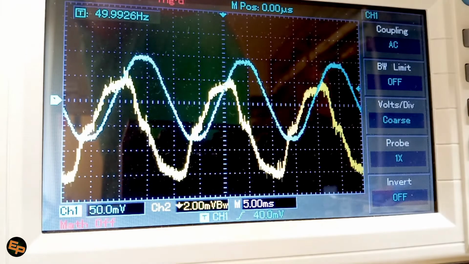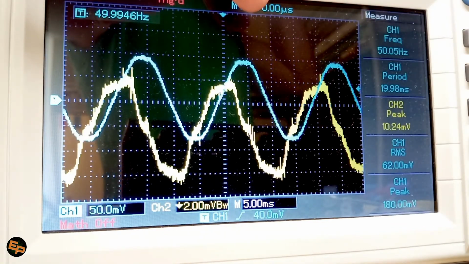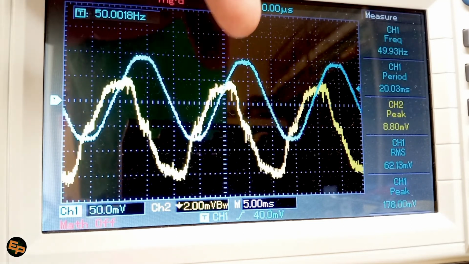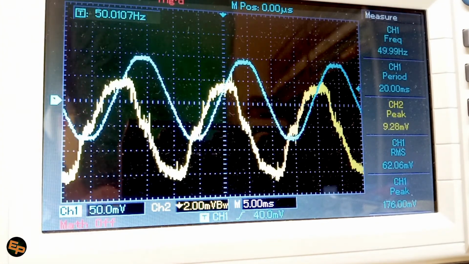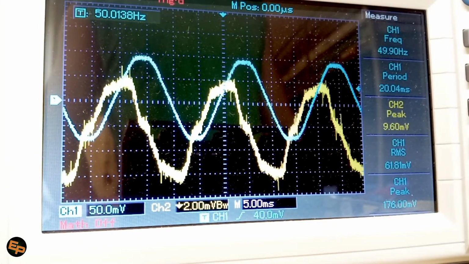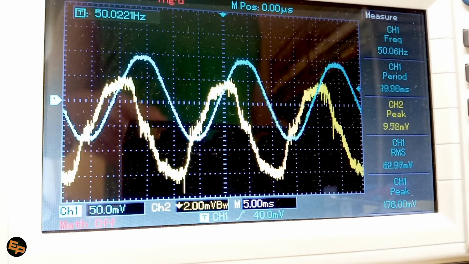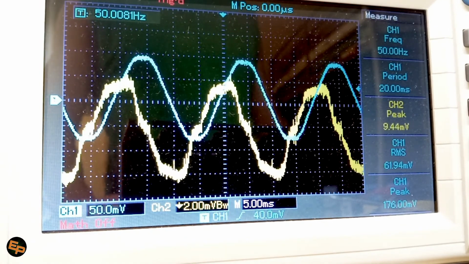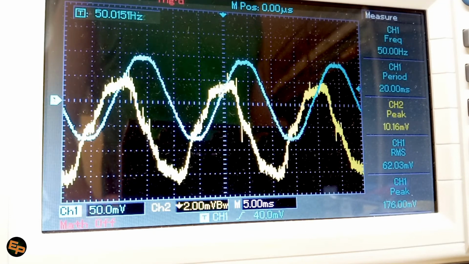I have a 0.1 ohms resistor, so basically for each amp that flows I will have 100 millivolts across it, and this gives me basically the reference waveform, because like I said, the shunt resistor gives the cleanest waveform of the current. And with yellow I have my do-it-yourself current transformer, right?